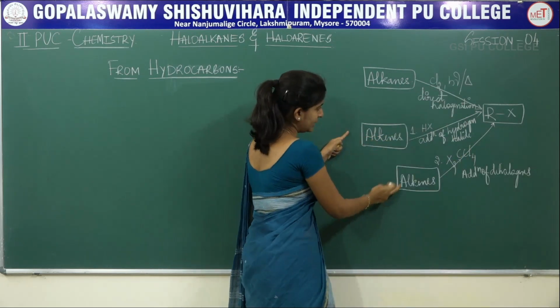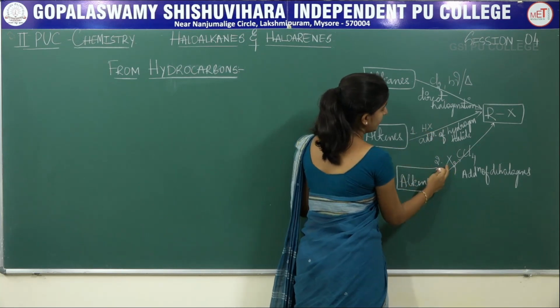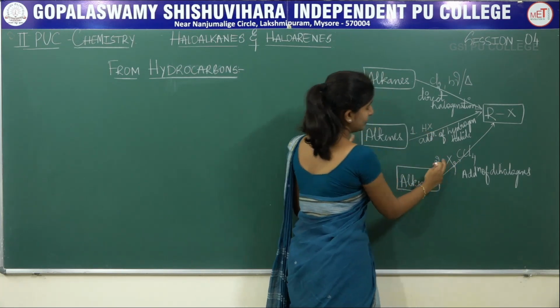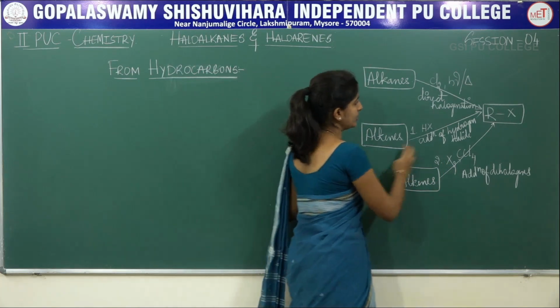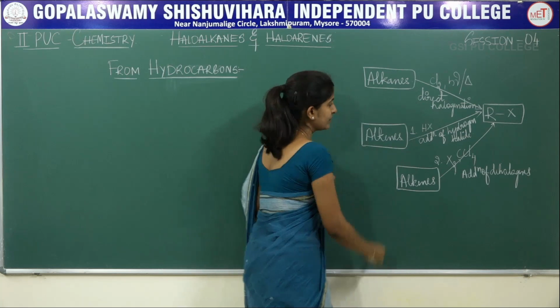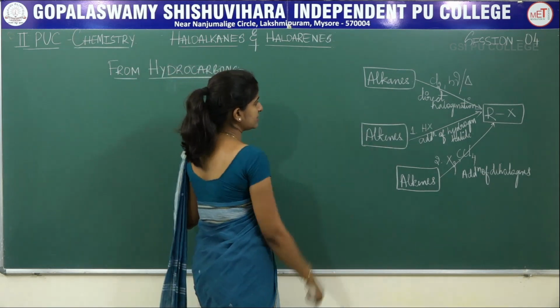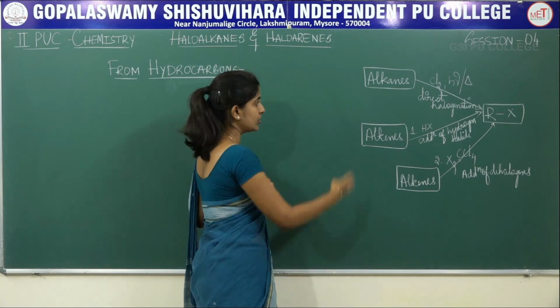Remember, both are from alkenes. The first one is from addition of hydrogen halide. The other one is from addition of dihalogens. So these are the 3 methods of preparation of haloalkanes from alkanes and alkenes. So let us see one by one in detail how you prepare these and more details about these reactions.